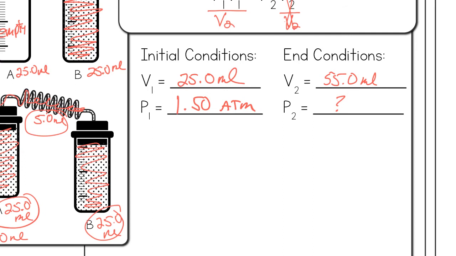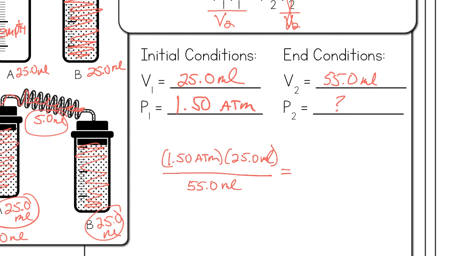So my pressure 1 was 1.50 atmospheres times my volume 1, which was 25.0 milliliters, over my volume 2, which was 55.0 milliliters. And that's going to be equal to my second pressure.